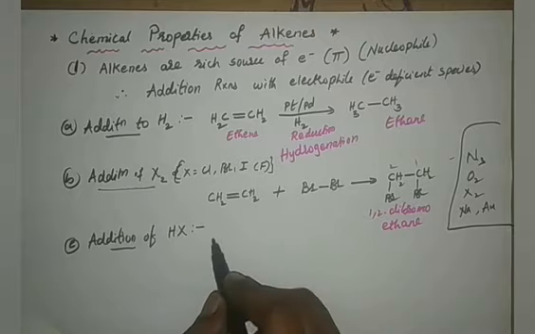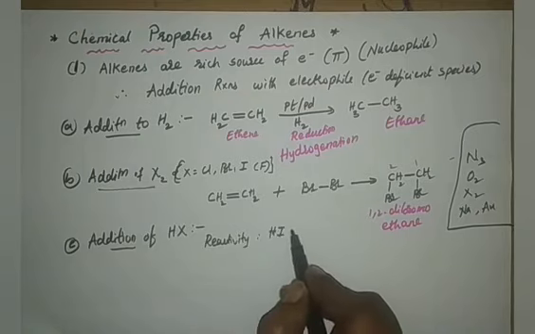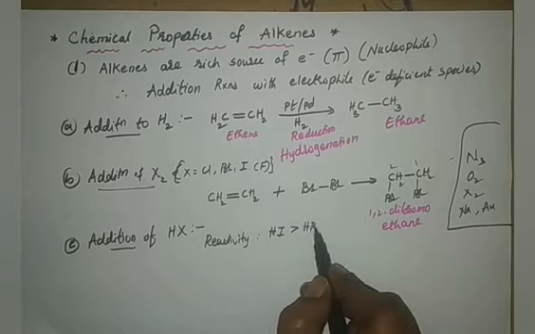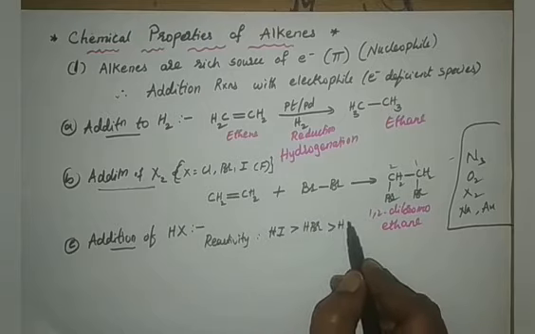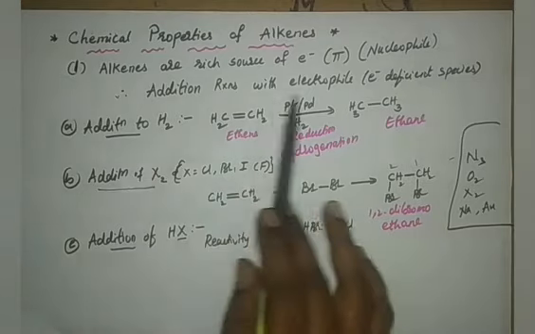The reactivity order will be HI will react faster than HBr than HCl, because X can be fluorine, chlorine, bromine, iodine, right? Then in this, it is also an example of electrophilic addition reaction.